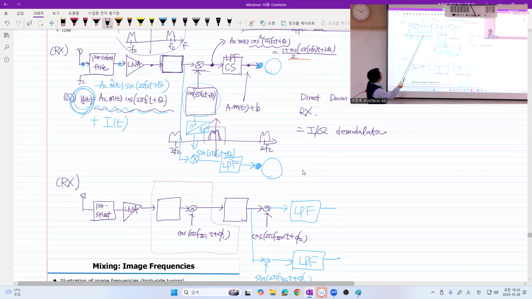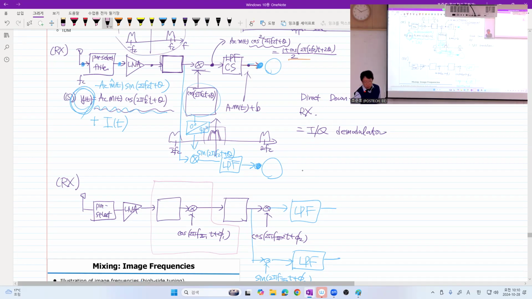See that? You have LNA, filter, mixer, filter, two mixers, and two low-pass filters, versus LNA, filter, two mixers. So this part is kind of inserted, right? Of course, the frequencies are different from this homodyne receiver.